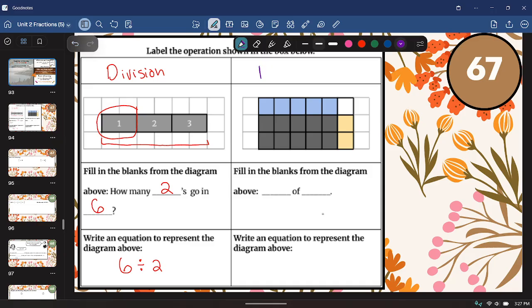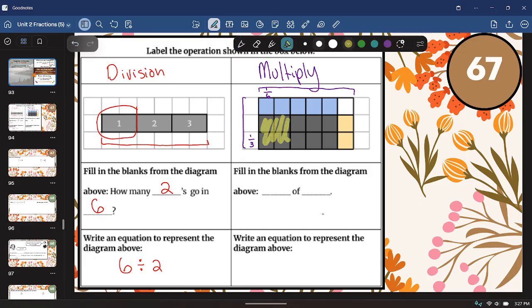All right, over on this side, this is how we learned how to multiply fractions. And this one, it's been a couple weeks, so you might feel a little rusty on it, which is totally okay. But each side was supposed to be 1 in total. So if we had 3 boxes, that means each box would be worth 1/3. And if it's 6 boxes wide, that means each box would be worth 1/6 of the width.